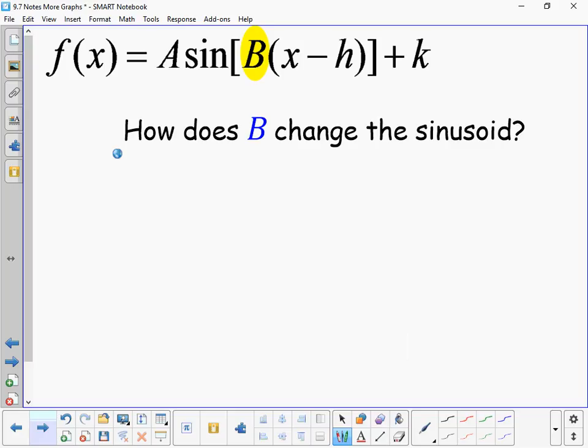Okay, so now we're going to focus on what that b value does. Now, b is really the only value here in the function that doesn't directly translate to the graph.